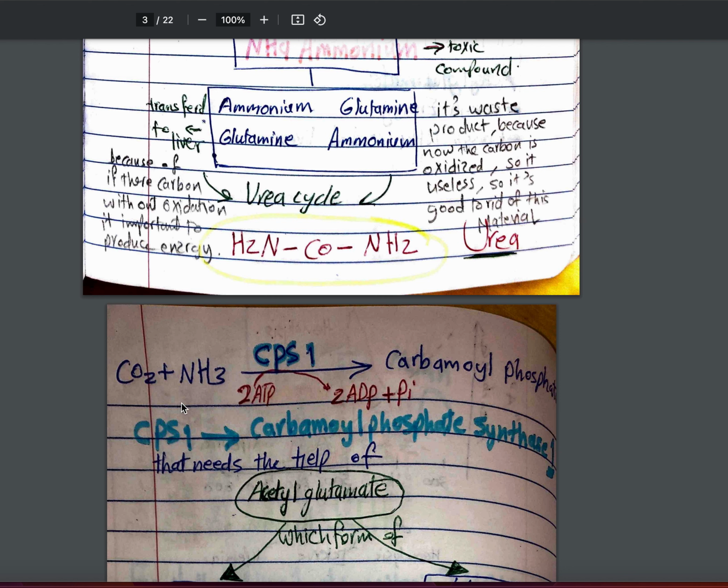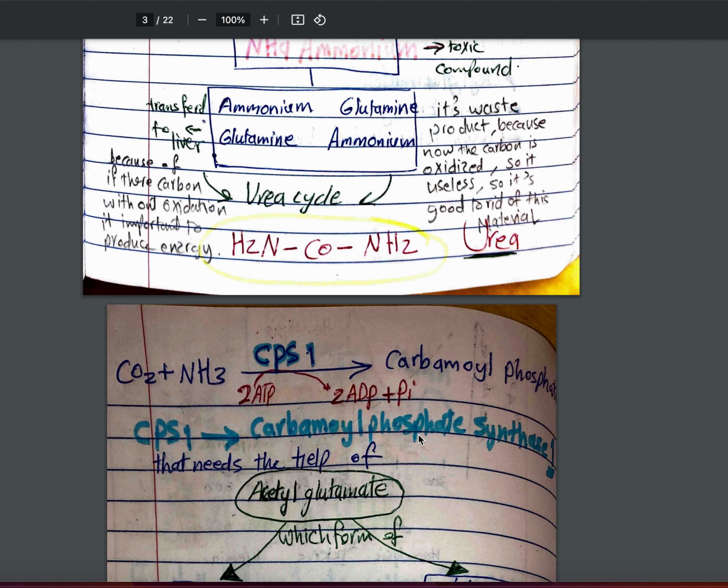synthase enzyme. The carbamyl phosphate synthase enzyme takes 2 ATP, and that leads to the production of 2 ADP plus phosphate, and the production of carbamyl phosphate. So this is the first reaction of the urea cycle that is happening inside the mitochondria of the liver.